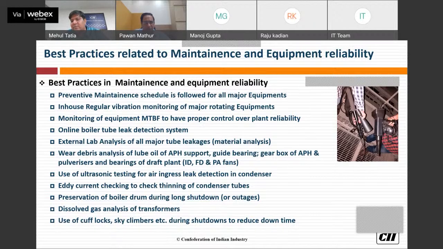Whenever there's a significant or bigger tube leakage happening, send it to an external lab, get it analyzed for the reason of it. Debris analysis of lube oil, ultrasonic leak test in condenser, eddy current checking to check thinning of condenser tubes. These are some of the maintenance and equipment reliability practices, some from CPPs and some for bigger IPPs, which can be adopted if the plant feels the requirement.